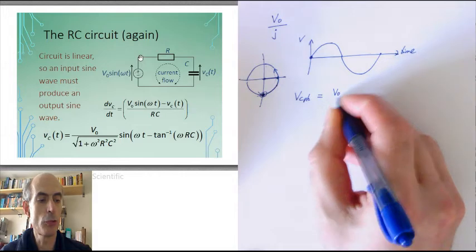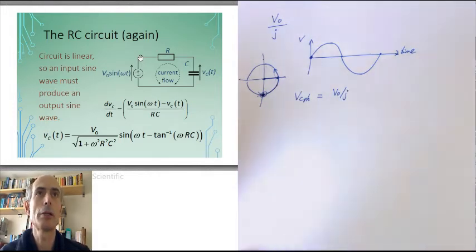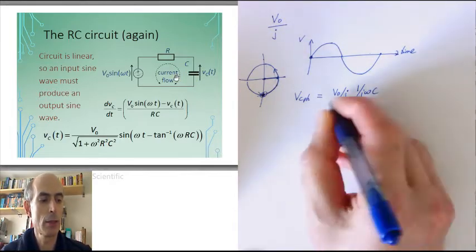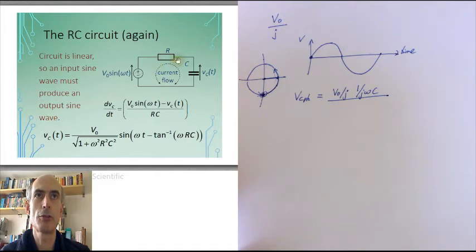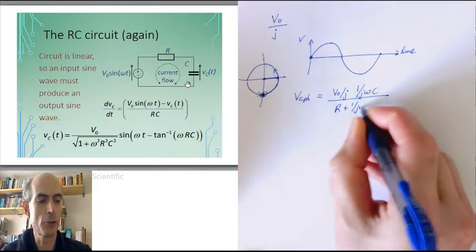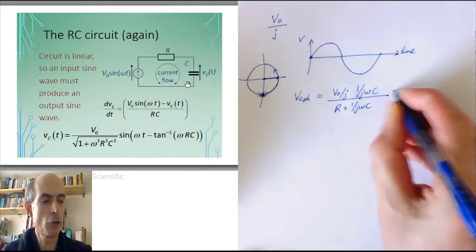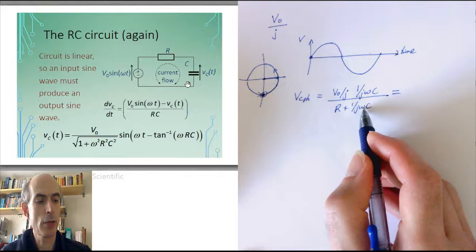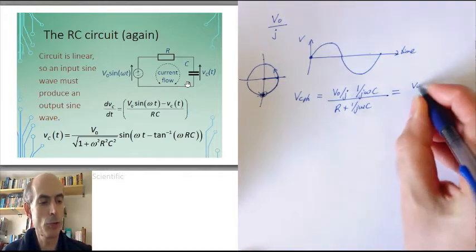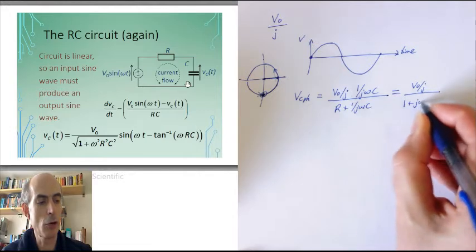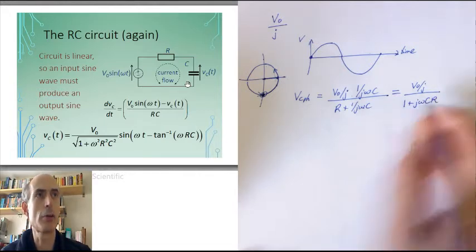That's V0 over j, multiplied by the impedance of the capacitor, which is 1 over j omega C, divided by the total impedance in our network, which is R plus 1 over j omega C. Multiply top and bottom of this equation by j omega C, and we would just end up with V0 over j divided by 1 plus j omega CR.